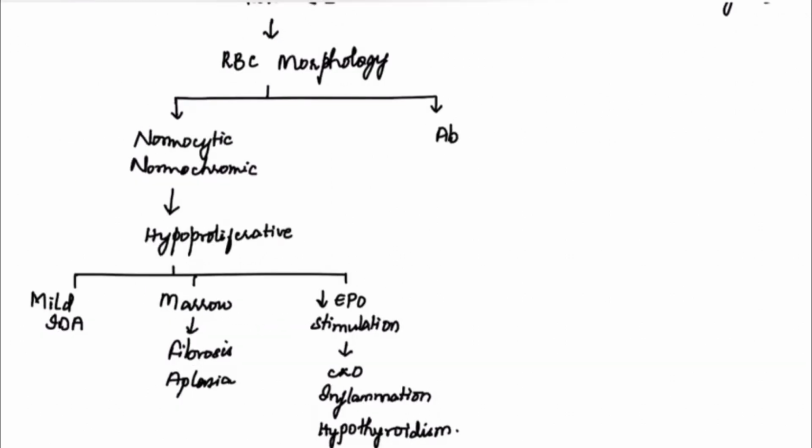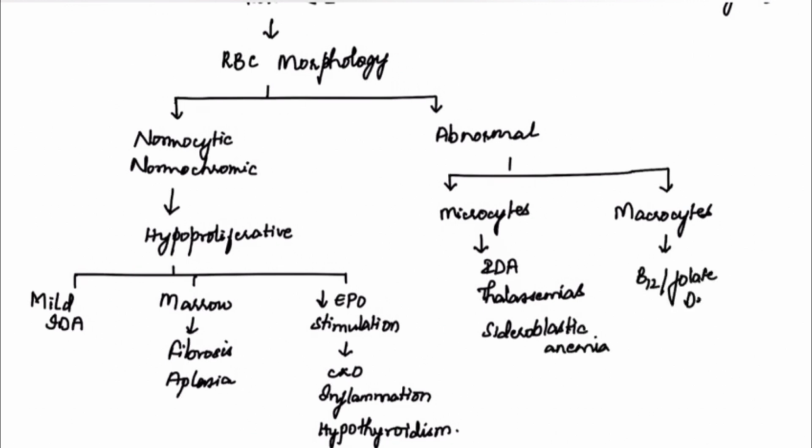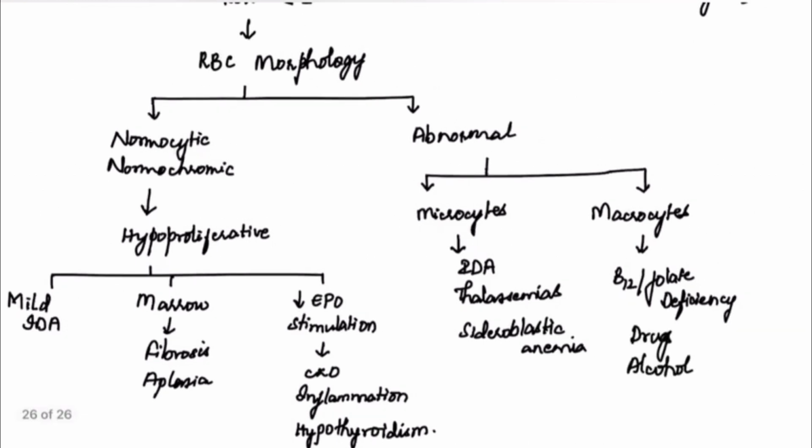Okay, now if the RBC morphology is abnormal, then look if there are microcytes which indicate cytoplasm maturation defects, and causes are iron deficiency anemia, thalassemias, and sideroblastic anemia, or if there are macrocytes that indicates nuclear maturation defects because of B12 or folate deficiency, drugs, and alcohol.